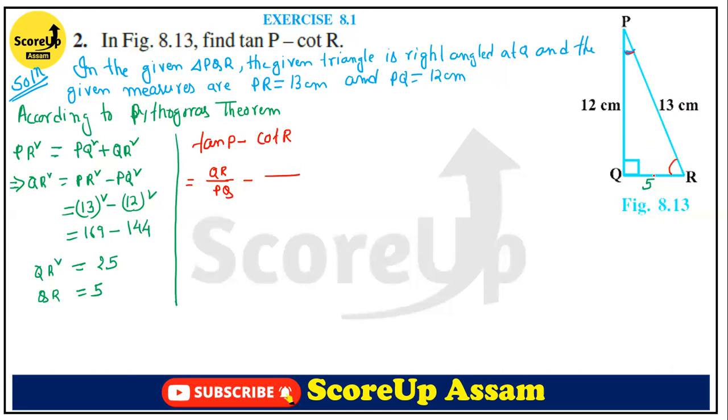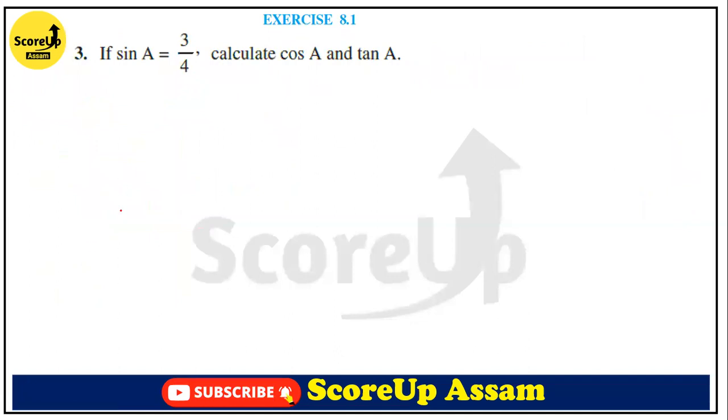So this is base, QR by PQ. So what will it be ultimately? It will be 0, right? If you just put the values, the value of QR by PQ is 5 by 12 and it is also 5 by 12, so the difference is 0. Is it clear? Now let's move on to question number 3.